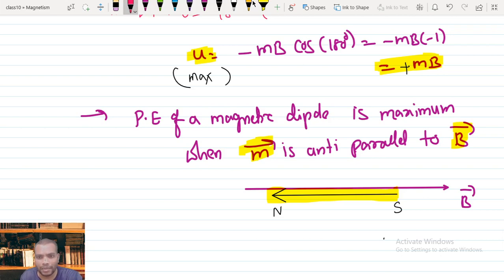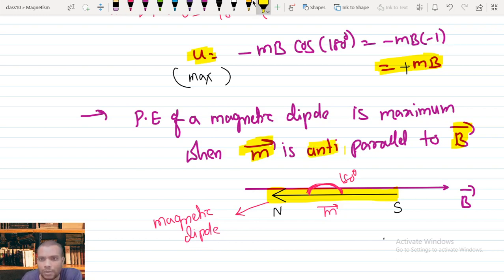The magnetic moment vector I represented here, this is m bar. Magnetic moment vector is always from south to north of a bar magnet. So here the yellow line itself is a magnetic dipole. I do not make boundaries and all, but you just get the common sense. So the angle between magnetic moment vector and magnetic field vector in this case equal to 180 degree. So here the magnetic moment vector is anti-parallel to the magnetic field vector.